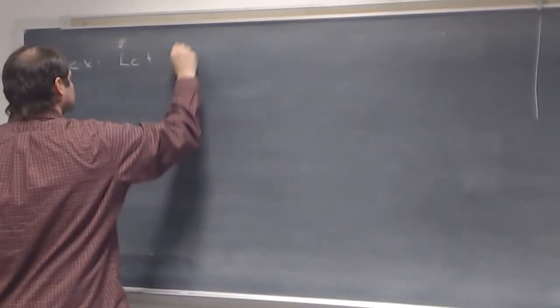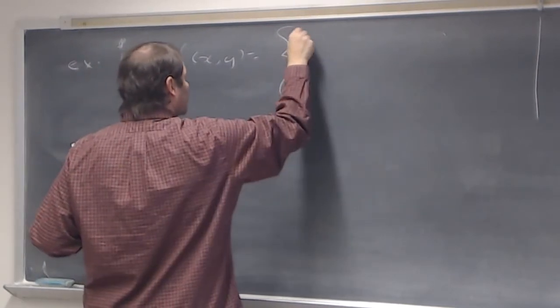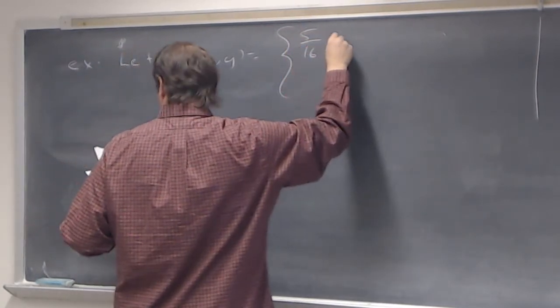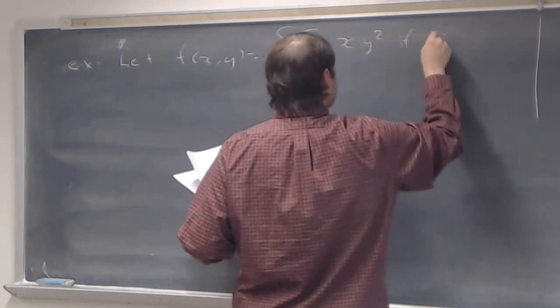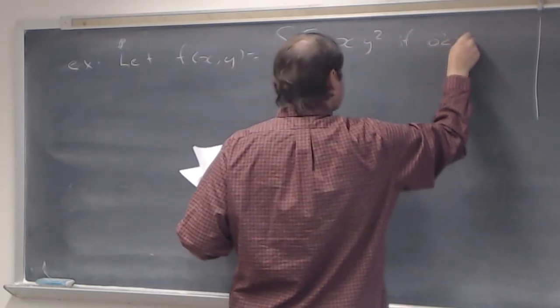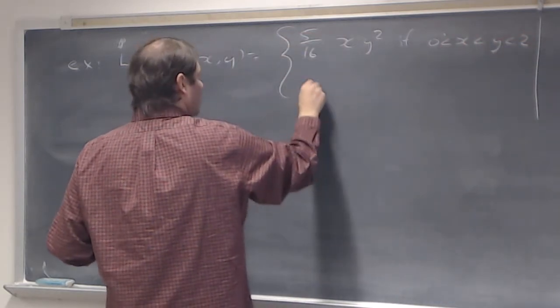Okay. Now for another example, in the continuous case, we'll let f of x comma y be equal to 5/16 xy squared if, again, 0 is less than x is less than y is less than 2, and 0 otherwise.